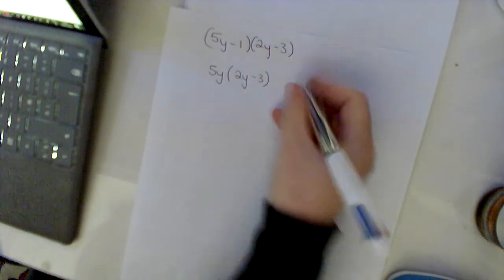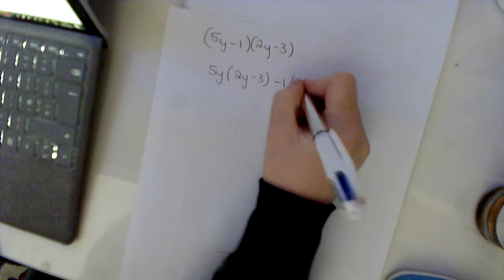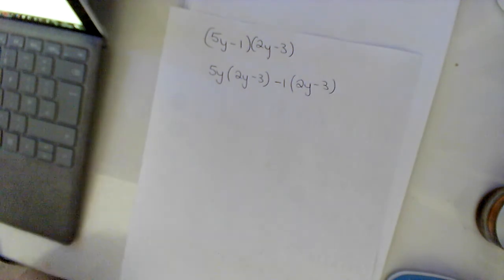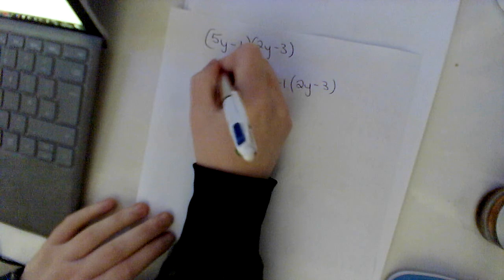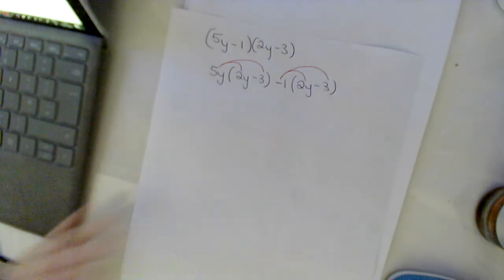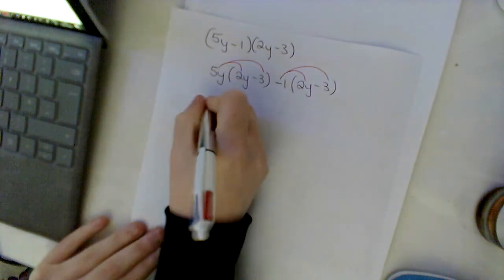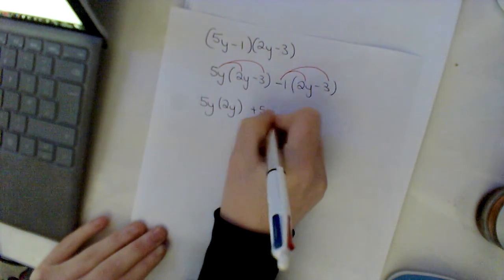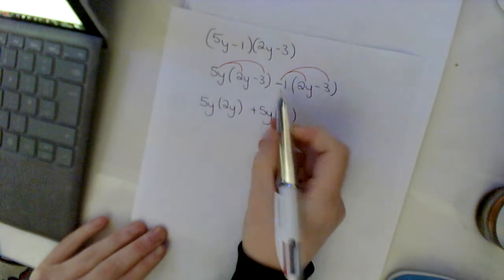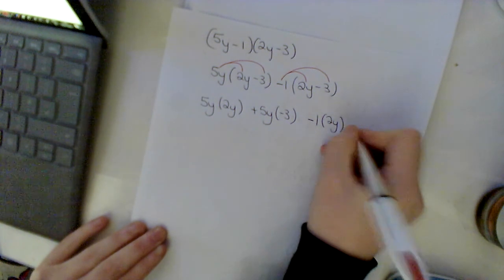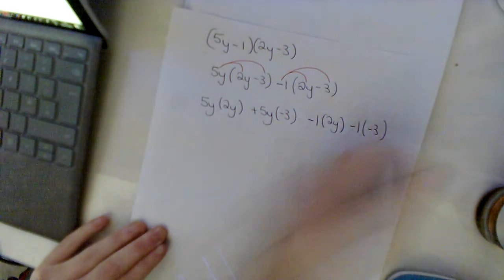I take my second term, which is minus 1, times everything in the second bracket, 2y minus 3. Now I draw my arrows. This is like what you had last night for homework. And I rewrite my sum. So I have 5y(2y) + 5y(-3) - 1(2y) - 1(-3).